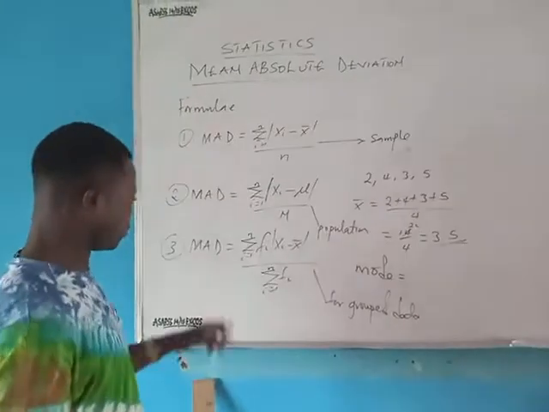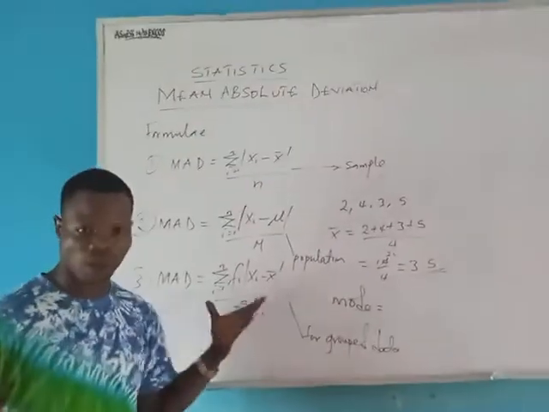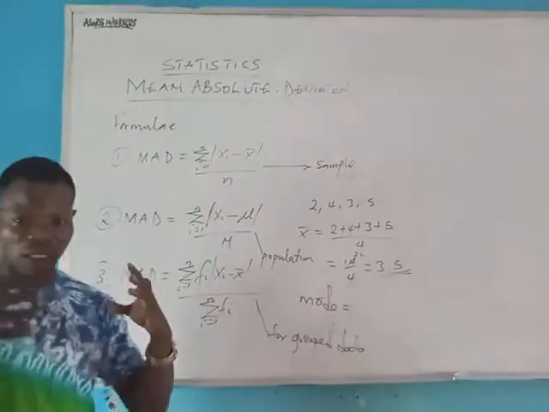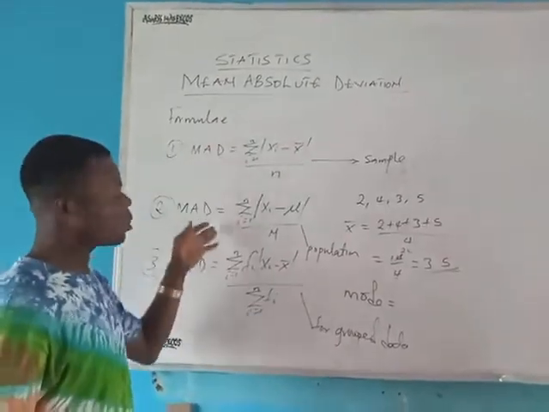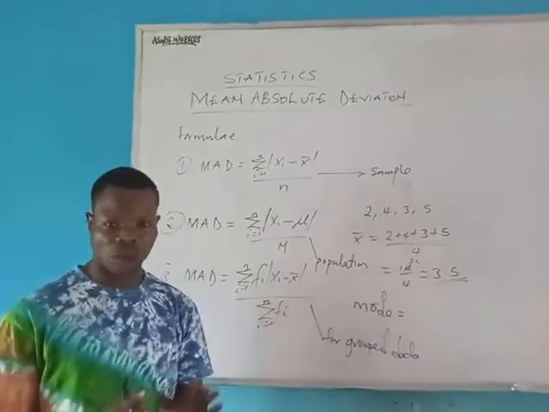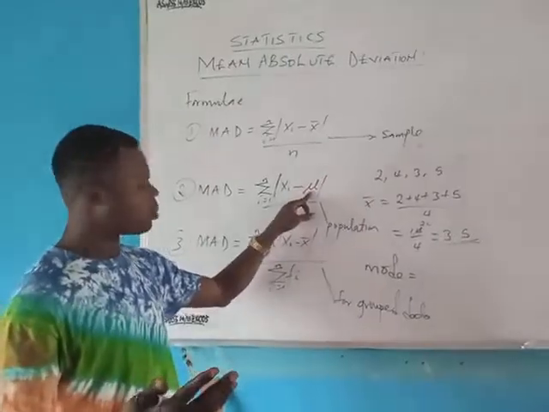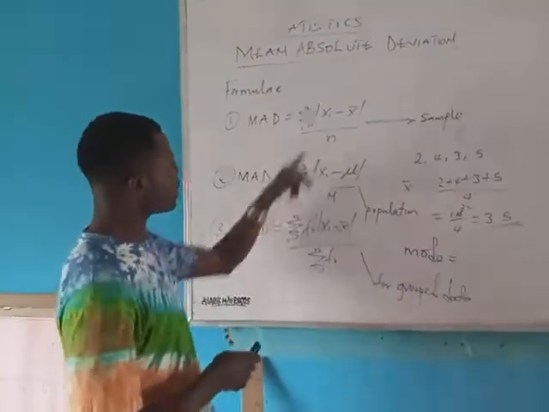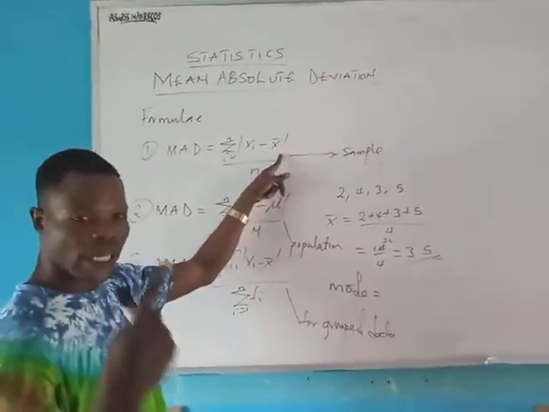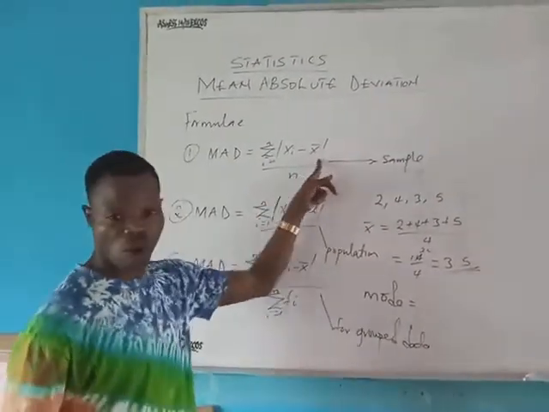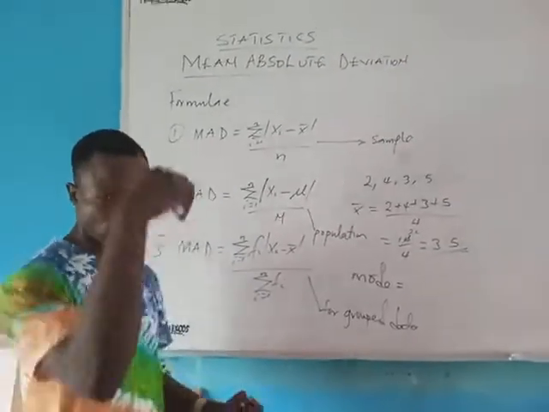So if the data given is grouped data, we use this formula to calculate the mean absolute deviation. But if the data given is not grouped, we use the first two. Here, mu stands for the population mean, a population parameter. And the absolute sign is the sign we use to ignore the negative that might occur when you take the distance of each data point from the center that we just calculated.